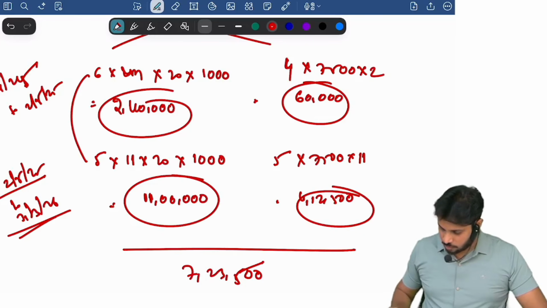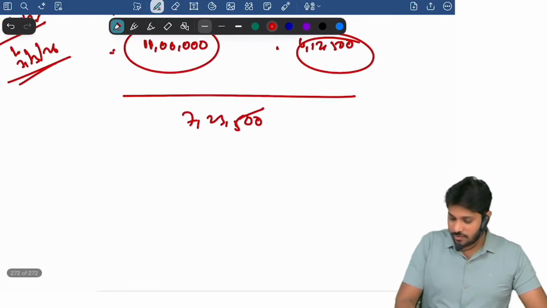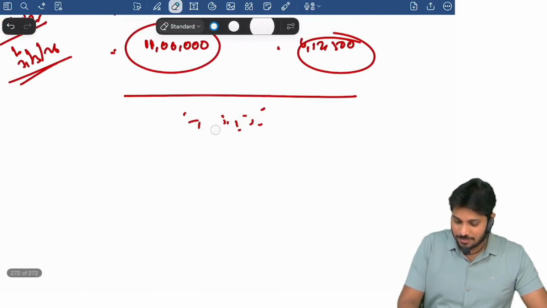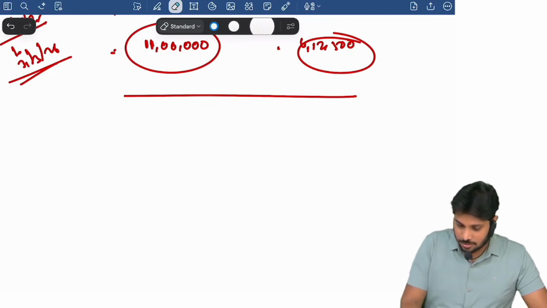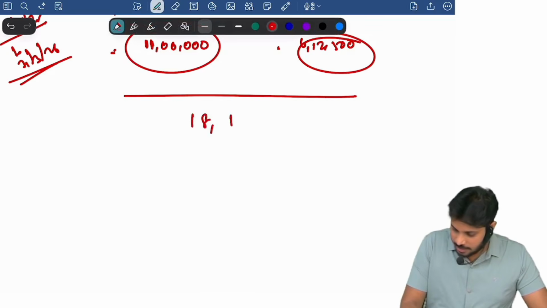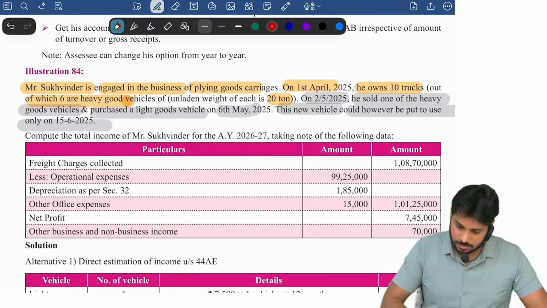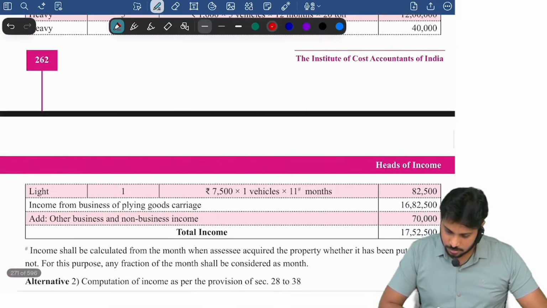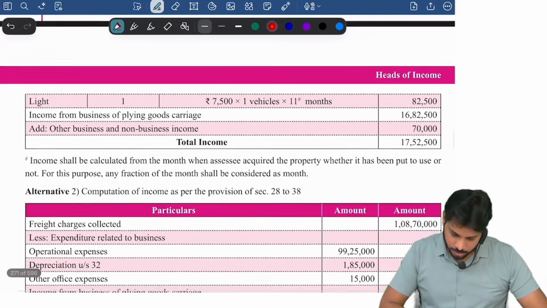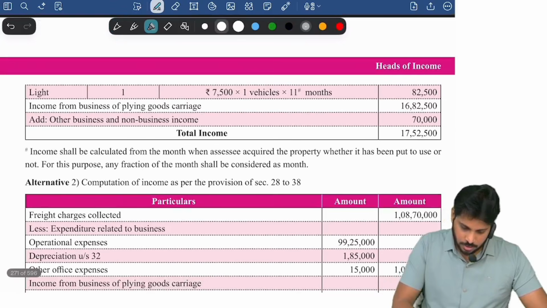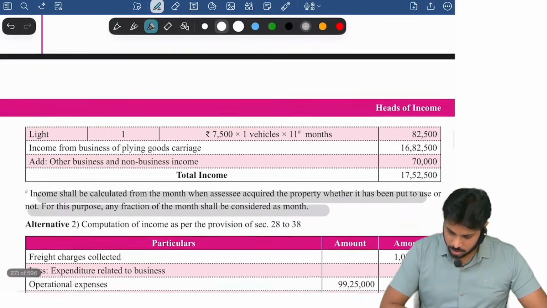This is 2,40,000. This is 11 lakhs. I'm sorry, I made a totaling mistake. The total is 18,12,500. Correct? This is correct only.